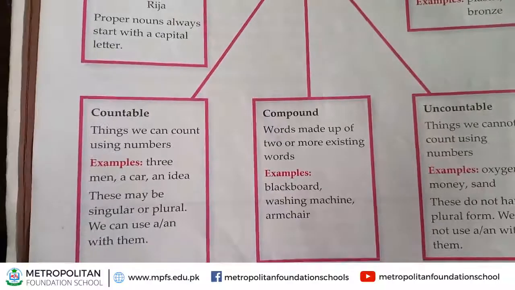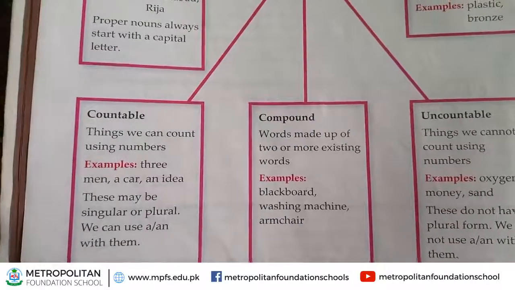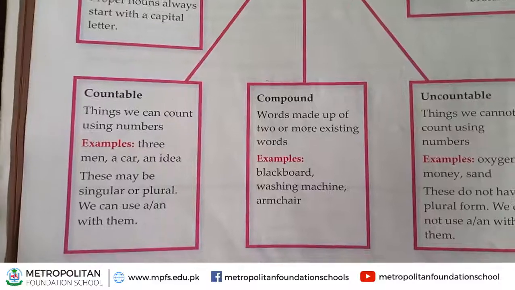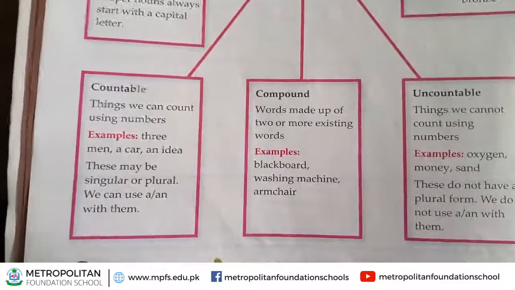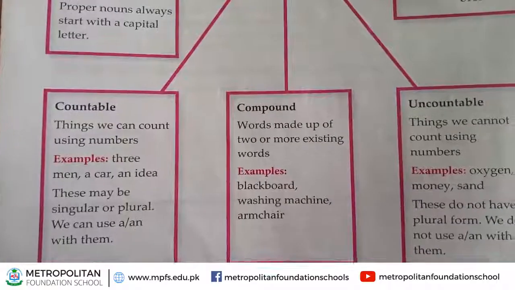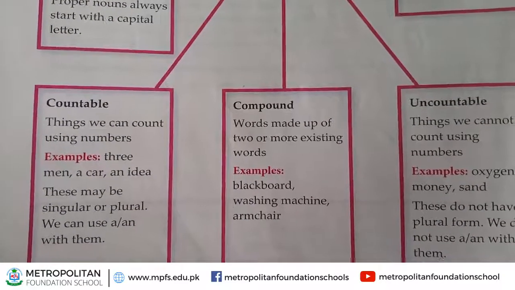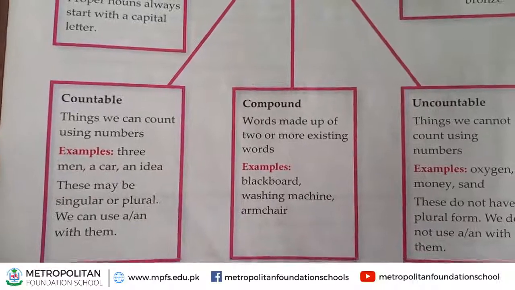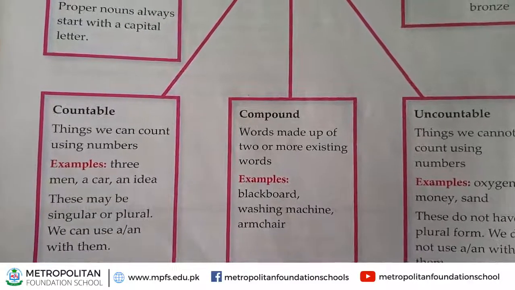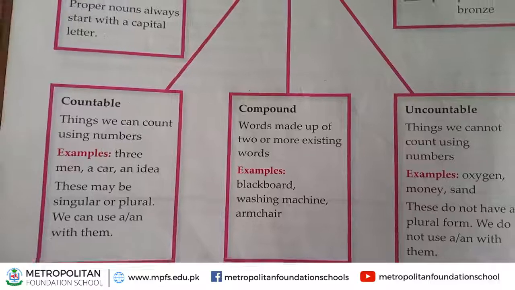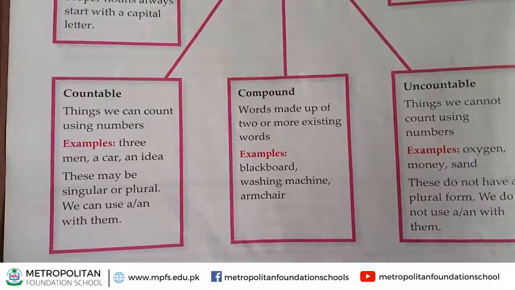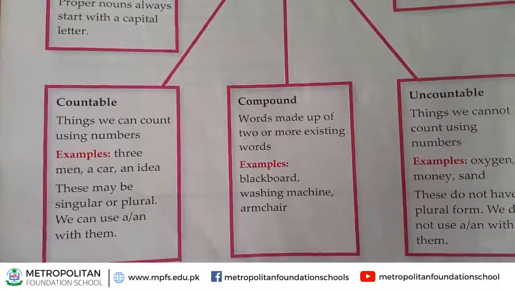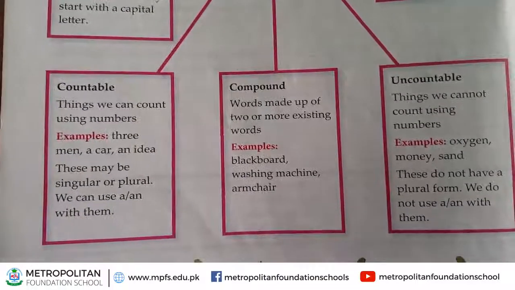So now move on. The countable and uncountable nouns. First we will go to countable nouns: things we can count using numbers. It means things which we can count are called countable nouns, and that which is counted is called a countable noun.